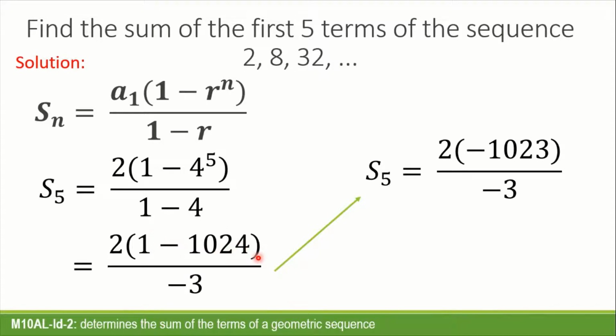So, 1 minus 1024 magiging negative 1023 times 2, itong 2 na nasa labas, all over negative 3. Then, to solve for the sum of 5 terms, times muna natin itong dalawa, then divide natin by negative 3. So, the answer is S sub 5 is equal to 682.